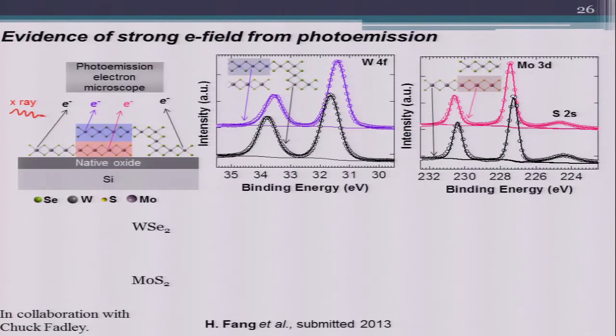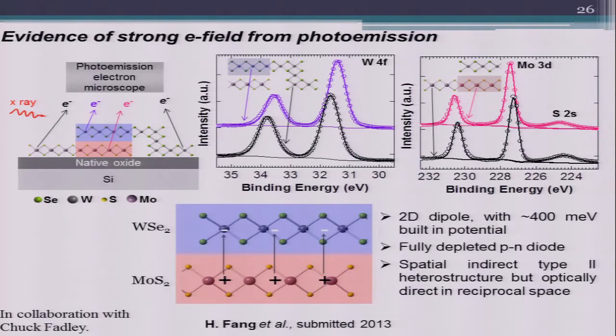We have gone forward and done a lot of various characterization of this heterojunction. One of them is photoemission electron microscopy. You can look at the energy of the core levels and also the work function in various levels and map them as a function of position. From that, you can get an idea of whether you have any built-in electric field, a built-in potential.